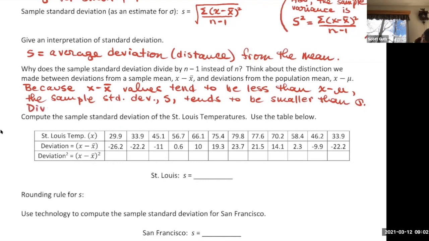Dividing by n-1 does best to, I'll say, remove this bias. Almost entirely.